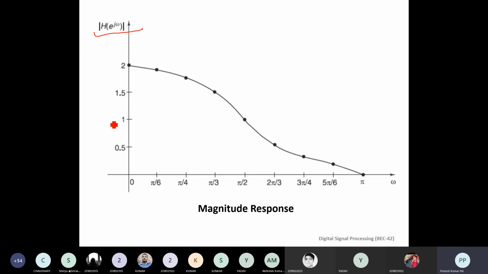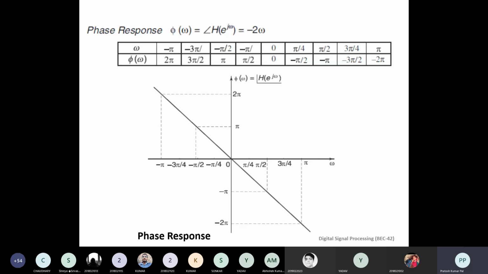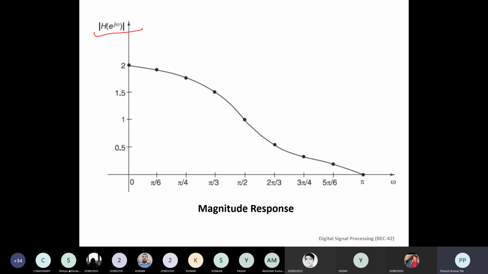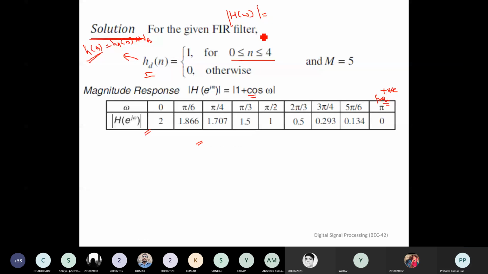Okay, so this table value can be plotted with respect to different frequencies, and similarly we will be finding out the phase. Once we know h of n, we can get h of omega.